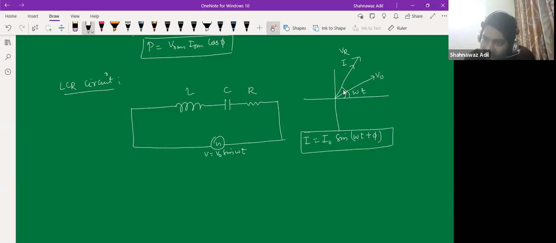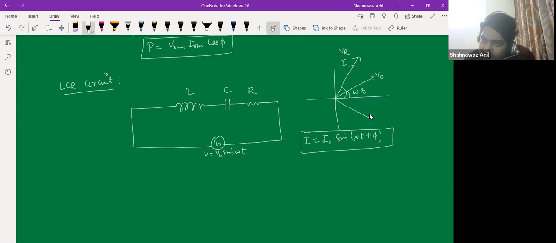If it is a capacitive circuit, there would be some leading, and if it is an inductive circuit, there would be lagging.